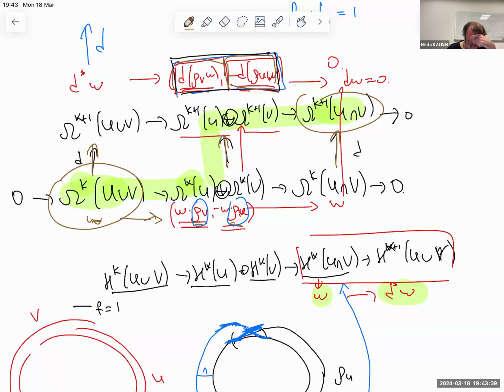And I take the difference. Well, sum. Indeed, it seems that the map is that omega goes to d rho v u, minus d rho v u omega.